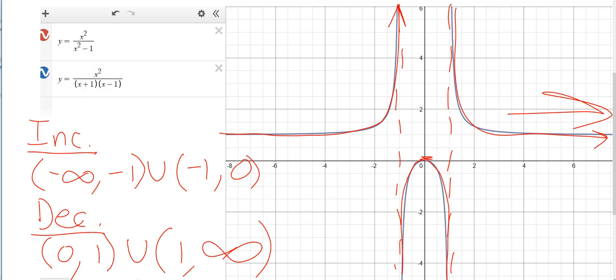So do you think there's a horizontal boundary? If so, tell me what you think it is. 1? So, let me get this straight. You think there's a line here at y equals 1 that this thing's getting closer and closer to, but never will touch. I do agree with you, by the way.